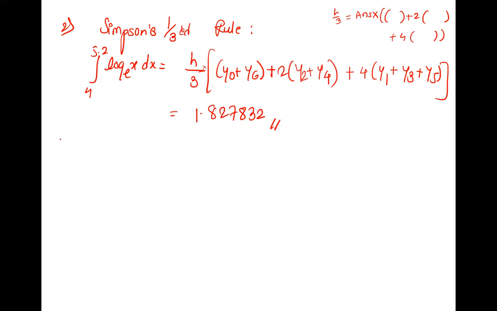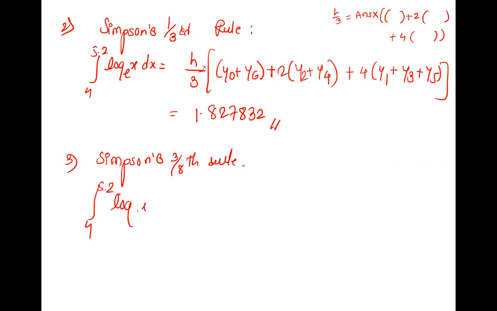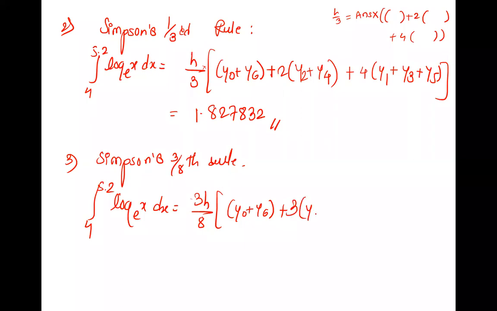Chalo, good. So next is Simpson's 3/8 rule. Formula. Integration log x to the base e dx is 3h by 8 (first plus last, y0 plus y6) plus 3 into (y1, y2, y4, y5).